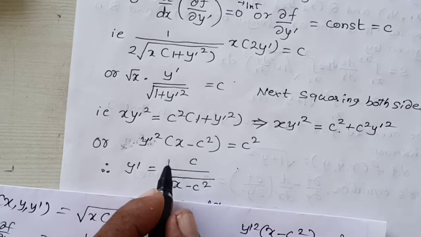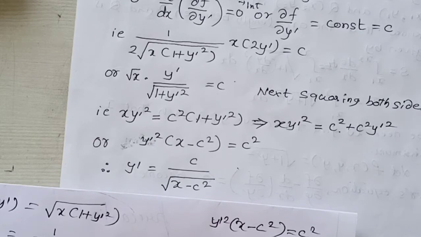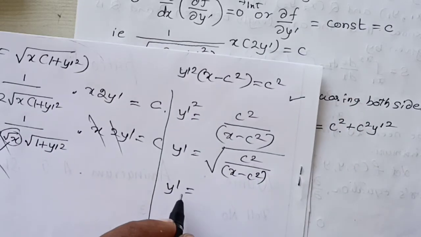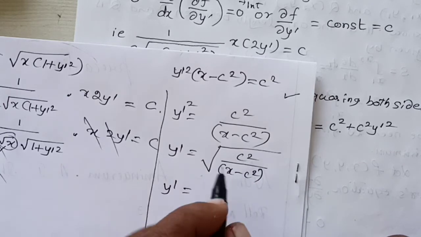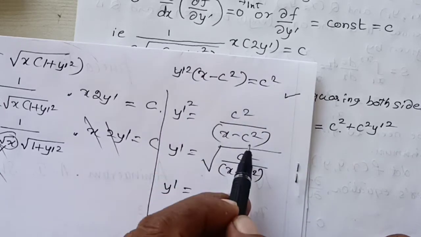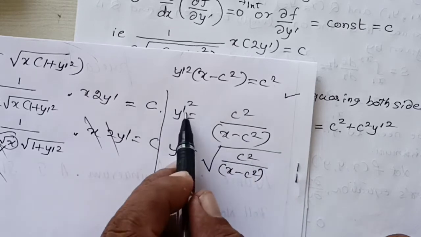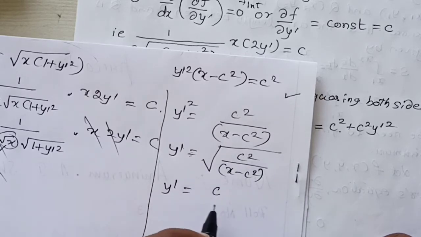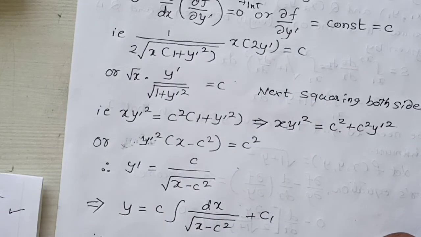Now y dash equals under the square root of c square upon x minus c square. The square root of c square is c, divided by the square root of x minus c square. So y dash becomes c upon the square root of x minus c square.